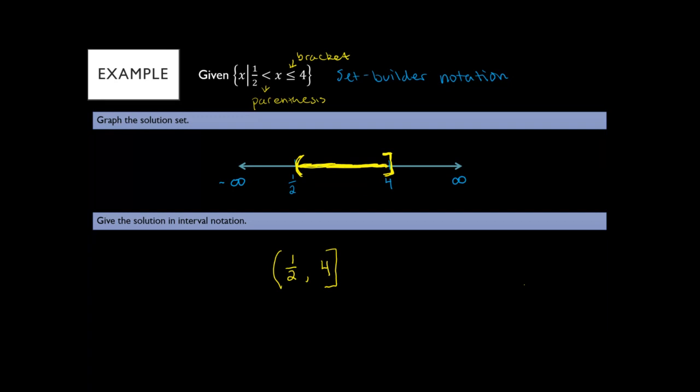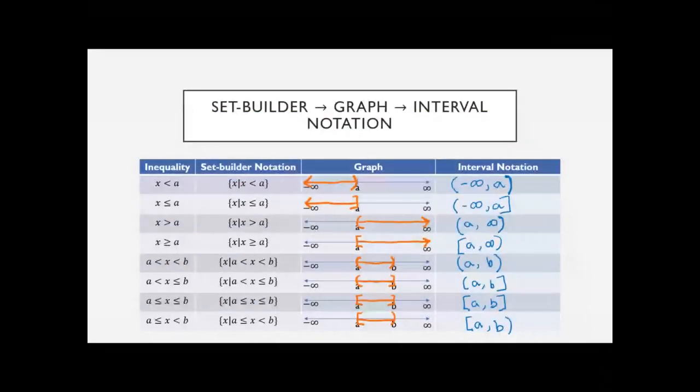So if I go back to that chart, we've got our set-builder notation where we have a less than and then a bracket. So we are right there with our set-builder notation. You can see the graph looks like what we have, and then for our answer, we have a parenthesis and then the bracket.